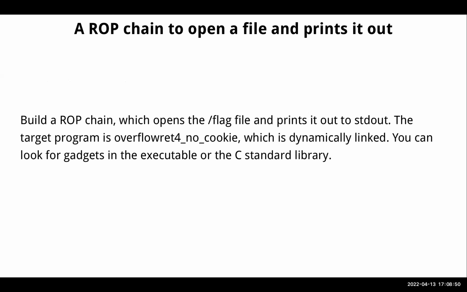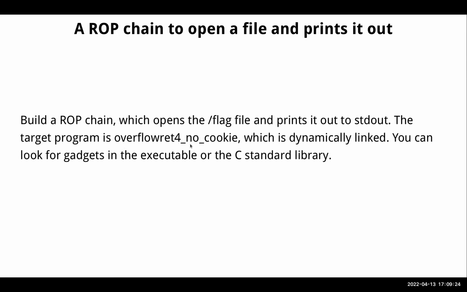Okay, so today what we are going to do is open the flag file and print it out to get the flag. The target program will be the 64-bit version of overflow return 4, no cookie. So you have been hacking other versions of overflow return 4, but not this version.